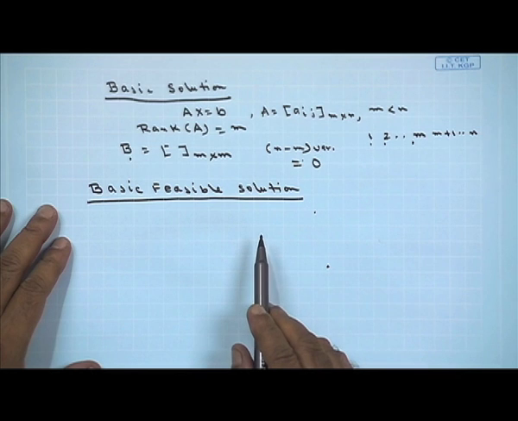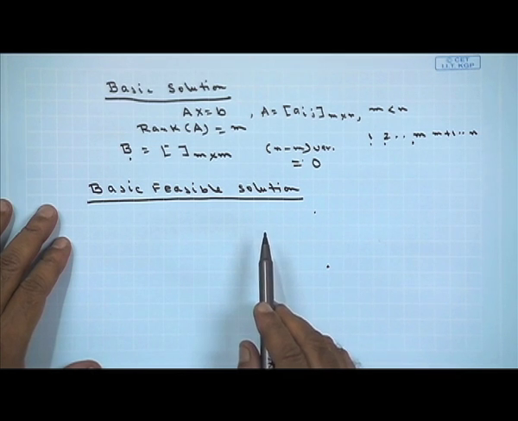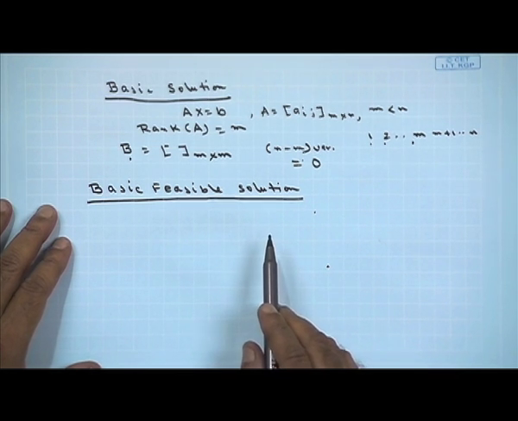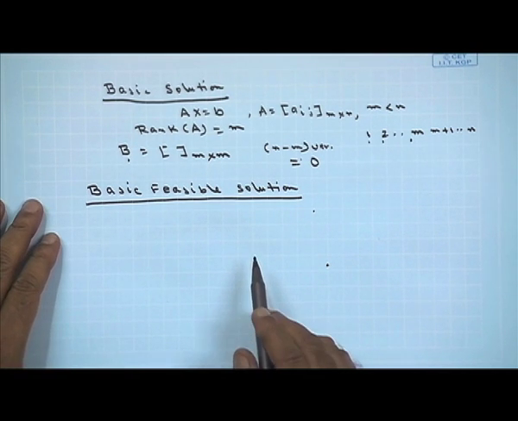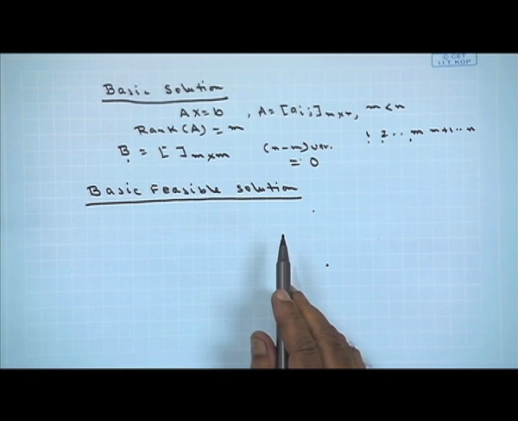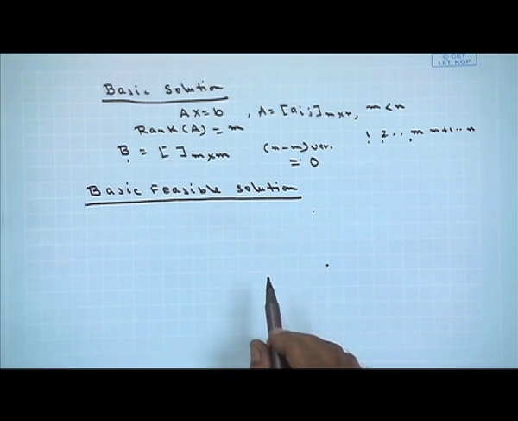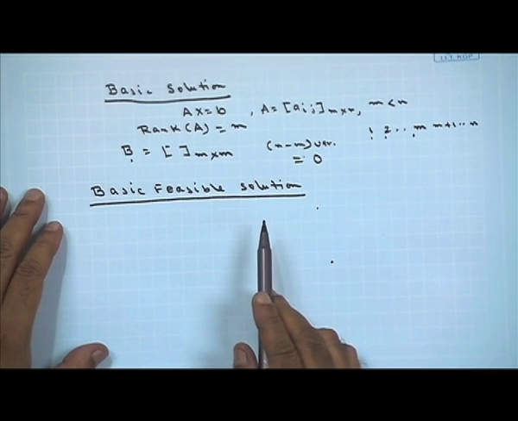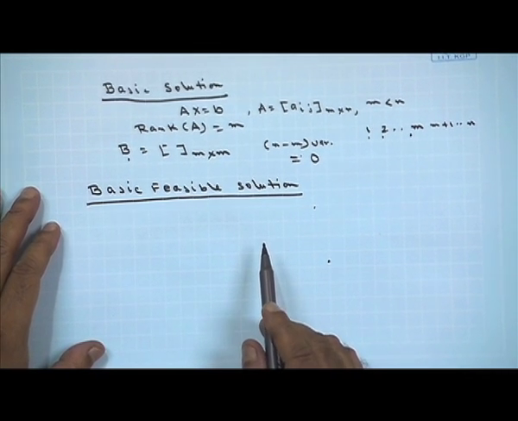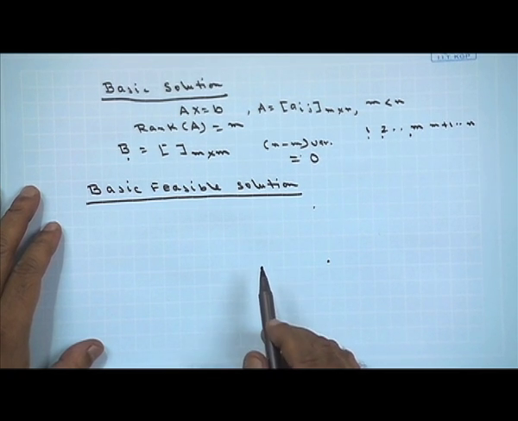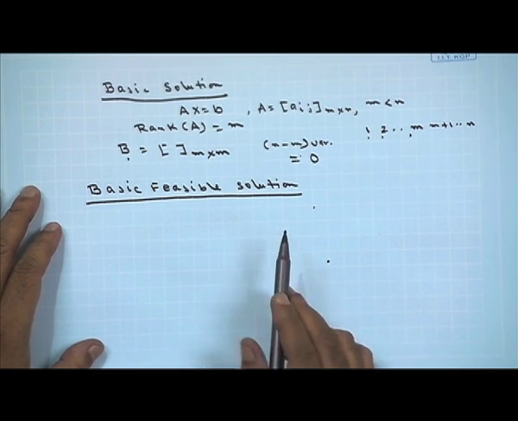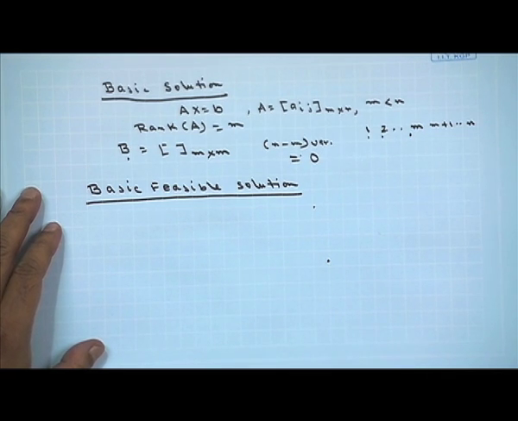So, if a solution is a feasible solution of an LPP, and if it is also a basic solution, in that case we say that this is a basic feasible solution.